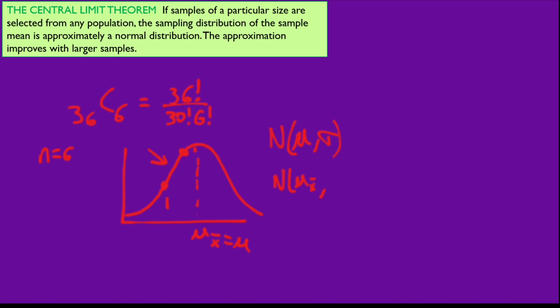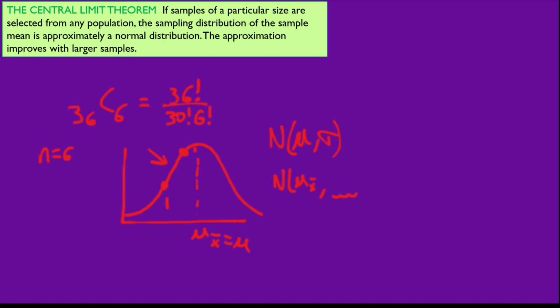But let's jump back and talk about this standard deviation. How do we figure out what this standard deviation is? Well, what we know so far is that it's a tighter distribution than the population. There's an underlying population distribution, and one of the important parts of the central limit theorem is that it says from any population, and what that really means is that we don't actually care what the distribution of the population is.